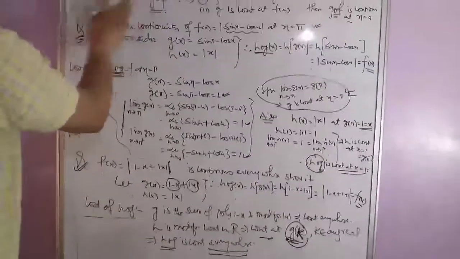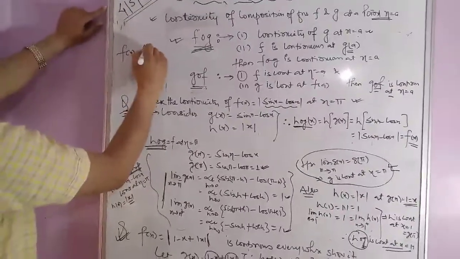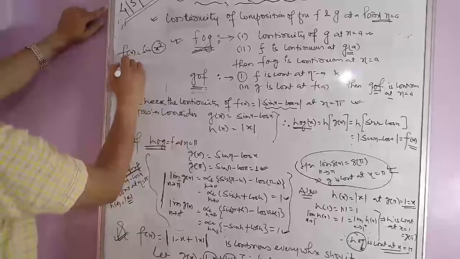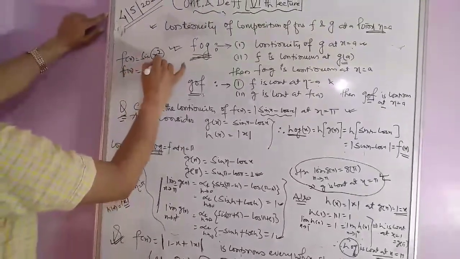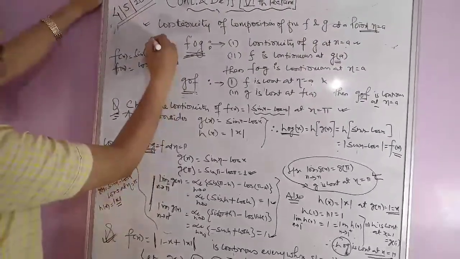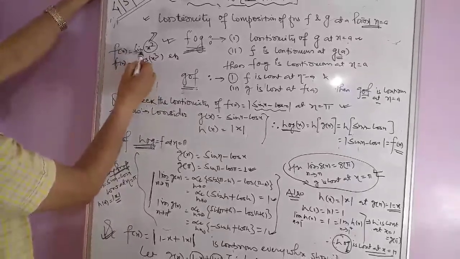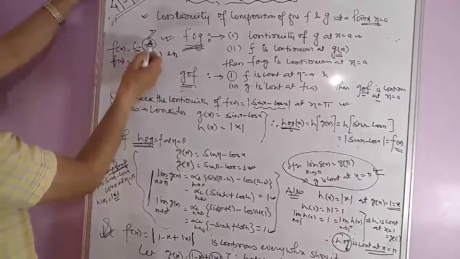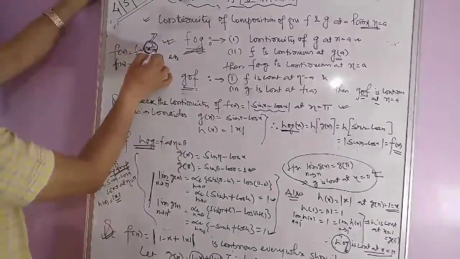Similarly, we take the questions sin of x square, f(x) equal to cos of x cube, etc. We consider g(x) equal to x square and h(x) equal to sin x. x square is a polynomial function, everywhere continuous.